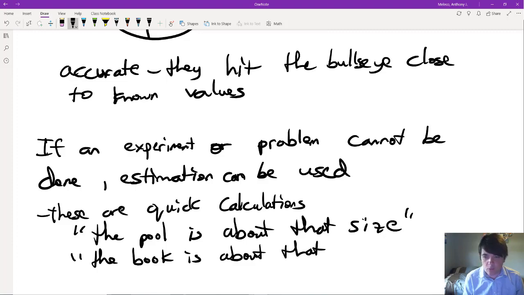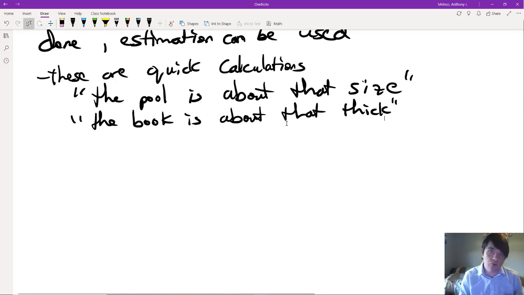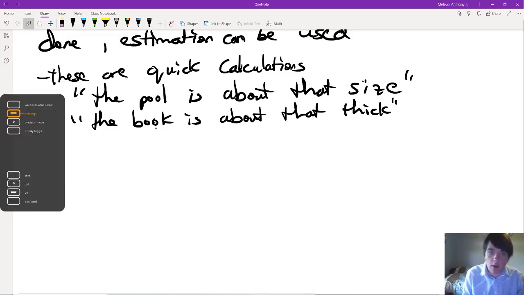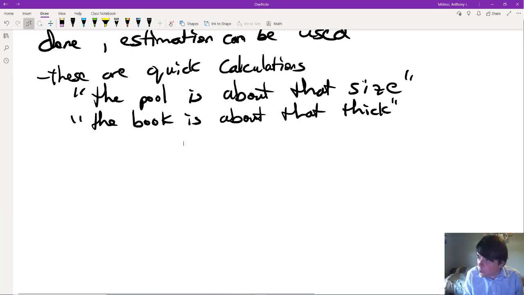And you must be thinking, well, how do I estimate? How do I do that? If you know about the size of a typical page and you know how many pages there are, you can quickly multiply, right? If you know maybe how much water is in the pool, maybe you can figure out the volume of the pool.